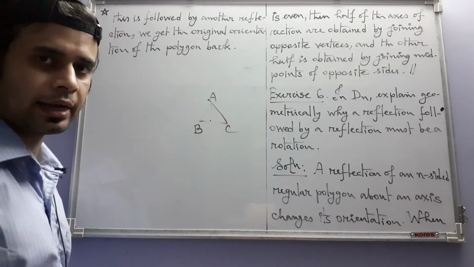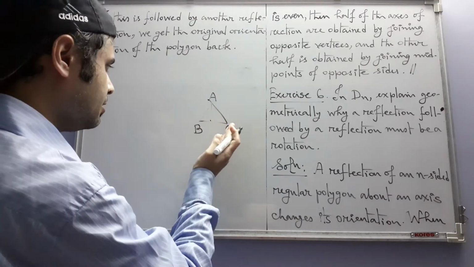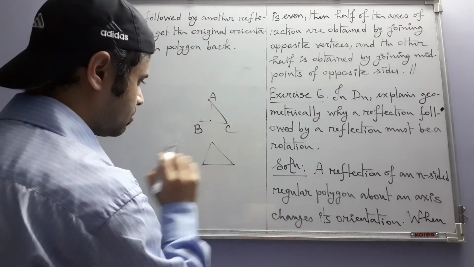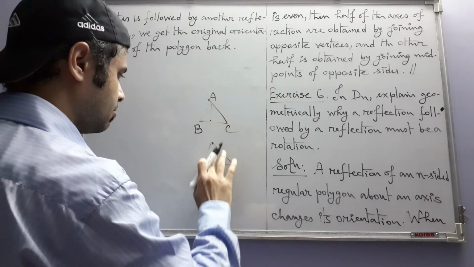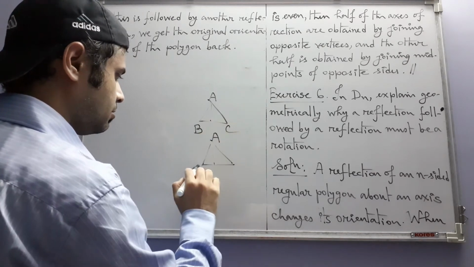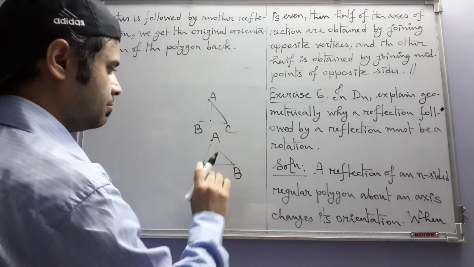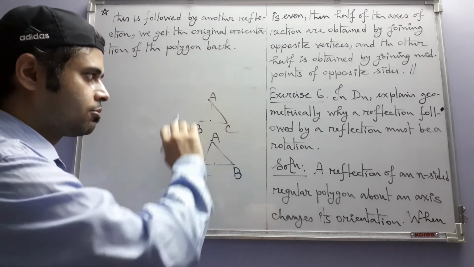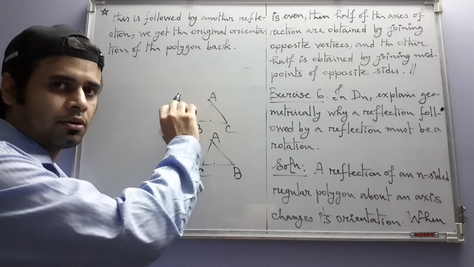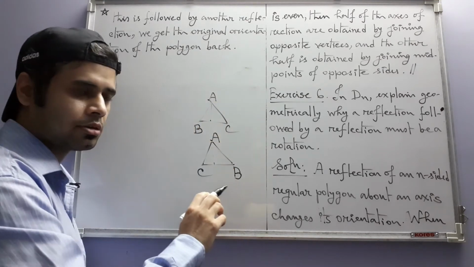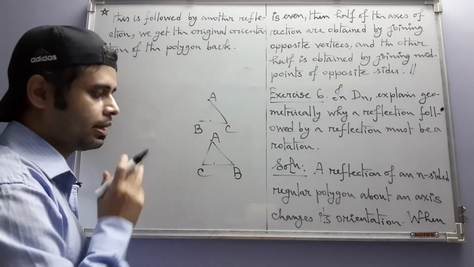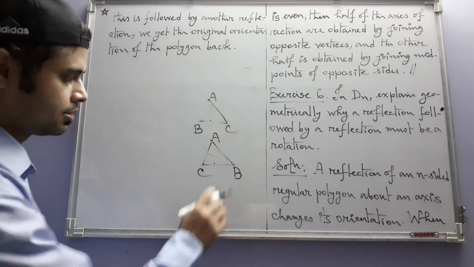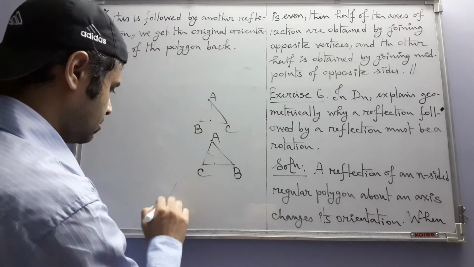Suppose this is the axis. If I flip it about this axis, then I get A, C, B. So the orientation has changed. From the counterclockwise sense of this alphabetical order, we have gone to the clockwise sense. But then say I flip it again, now with respect to a different axis, this axis.